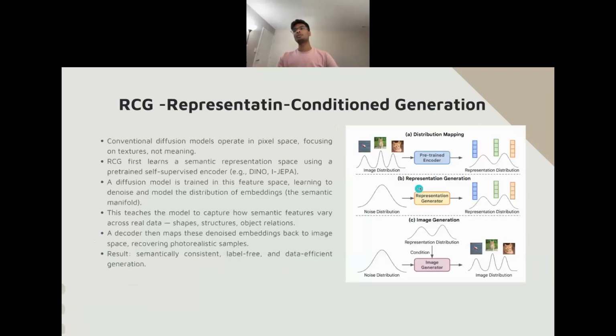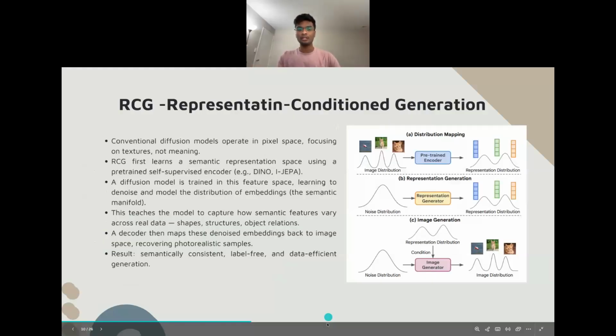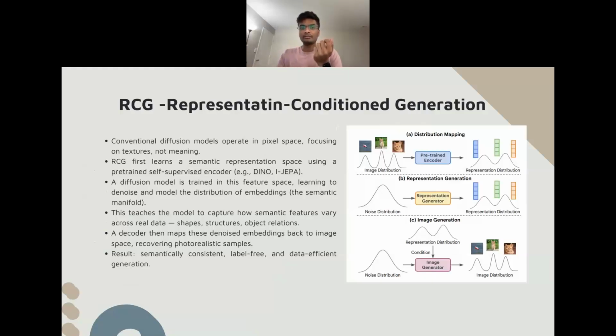One of the works that has done this is called RCG, which stands for representation conditioned generation. Traditional diffusion models operate in pixel space, which makes them good at capturing texture, but not necessarily meaning.